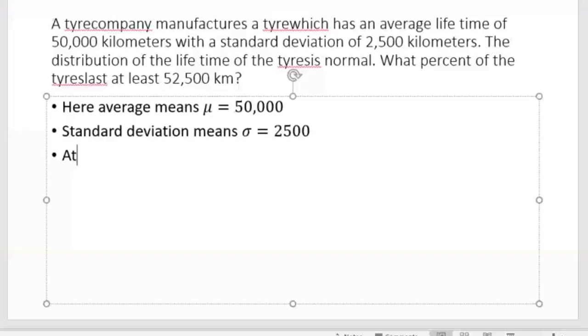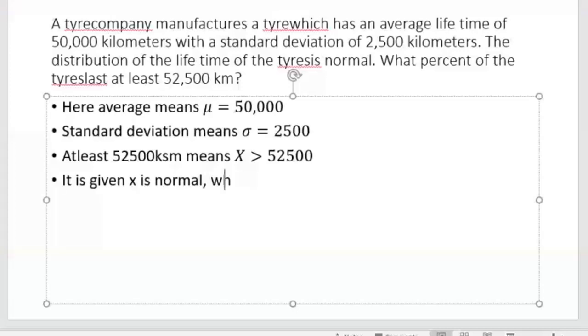So we are asking for the probabilities. It is given normal. Use normal distribution.